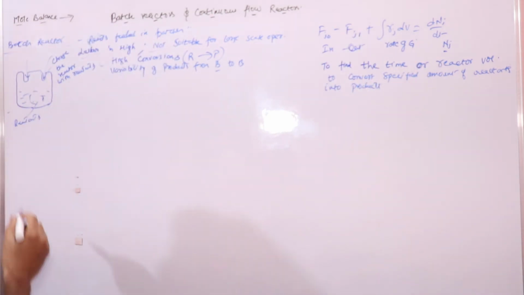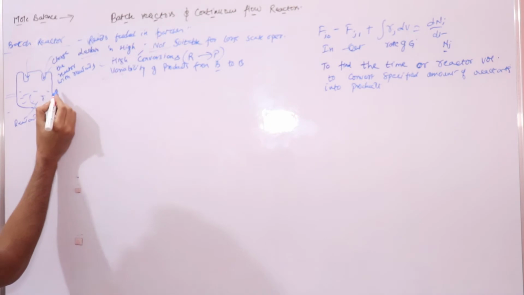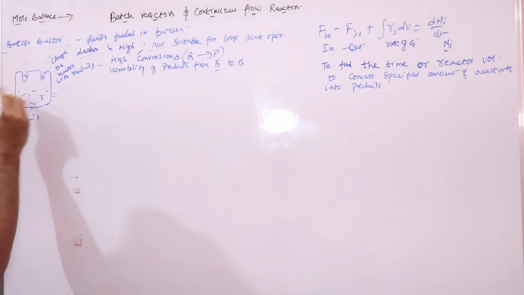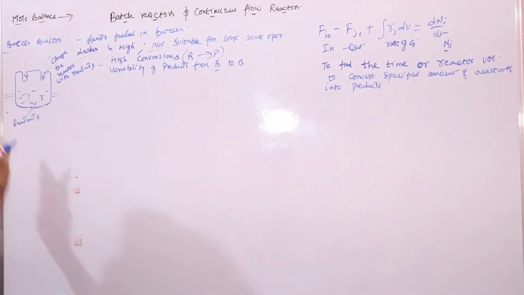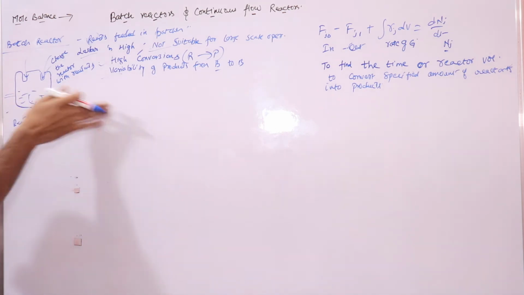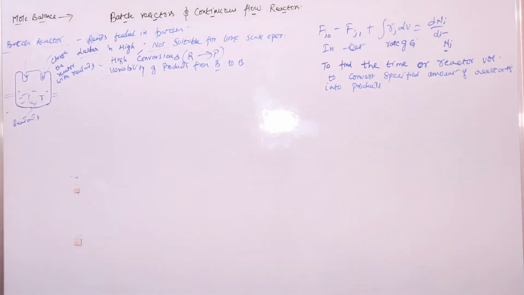So there is no place wherein you can continuously, at the time of reaction, put in the reactants, and from the other end take the reactants out. So this batch reactor has neither inflow nor outflow of reactants while the reaction is being carried out.